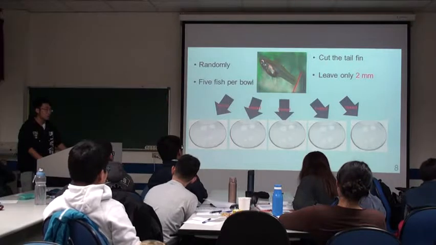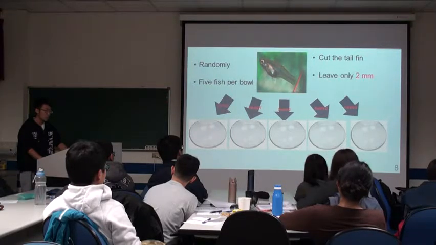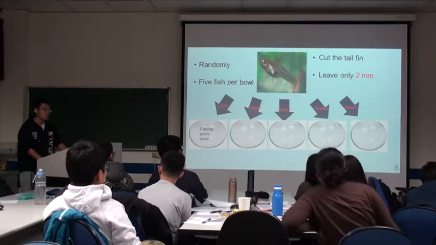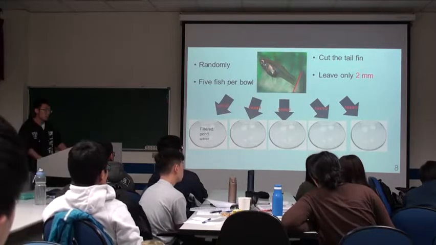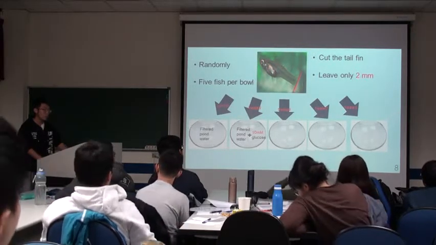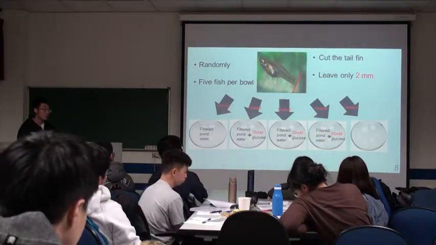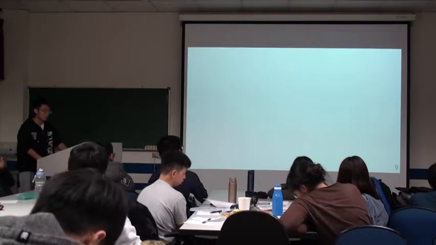The amputated fish were randomly distributed into a control group and treatment groups, with 5 fish per bowl. The control animals were kept in filled pond water, while the treatment groups received 10 mmol glucose, 20 mmol glucose, 50 mmol glucose, or 100 mmol glucose.